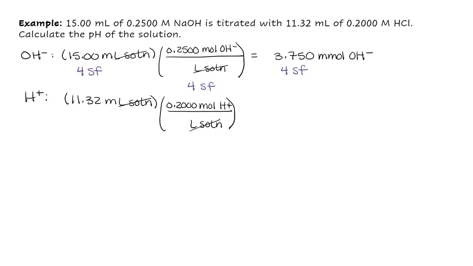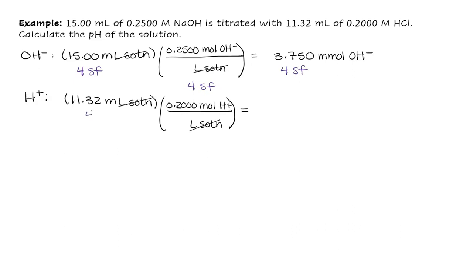I'm using the net ionic formulas of hydroxide and H+ instead of the full formulas of the base and the acid, just for simplicity, as you'll see when we get to the millimole table.